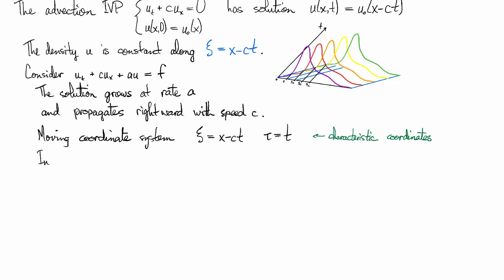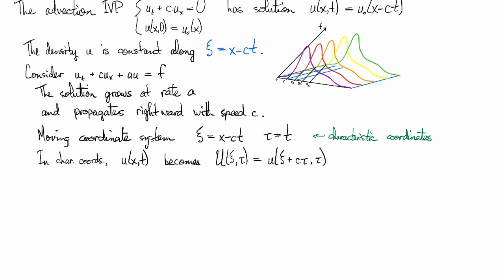So in the characteristic coordinates, we see that the function that we're looking for, our state variable, becomes, let's give it a slightly different name, so we'll call it capital U. And so this will be u now of ξ plus cτ, comma τ.